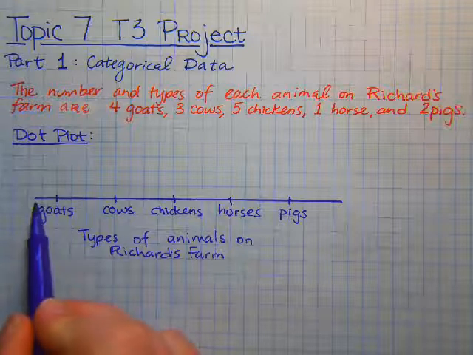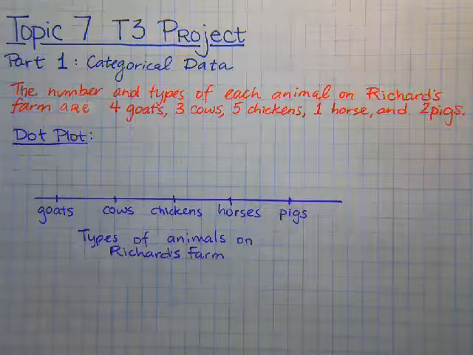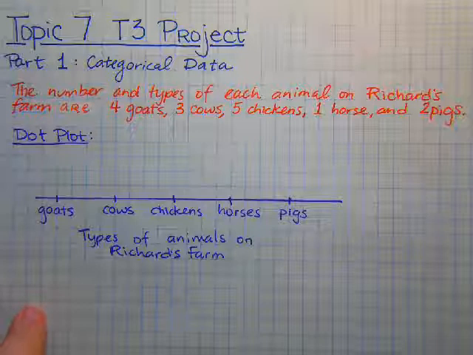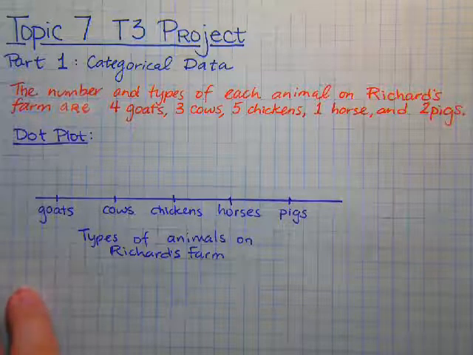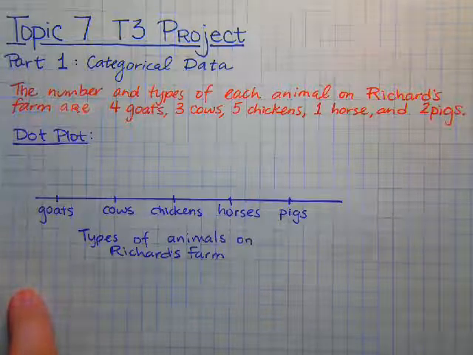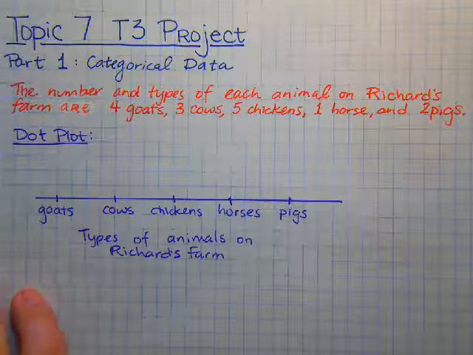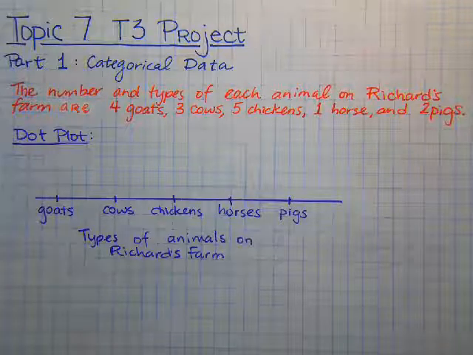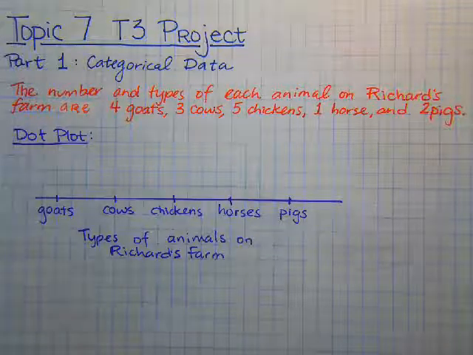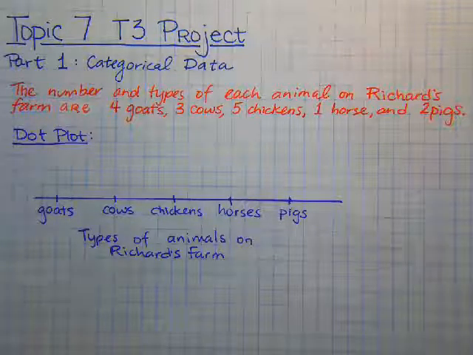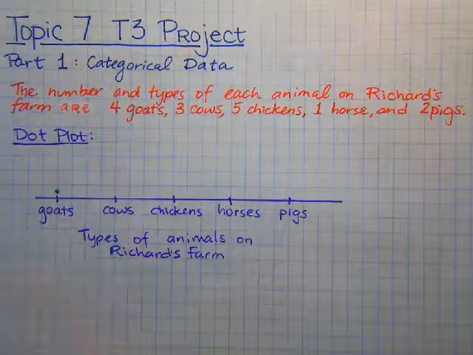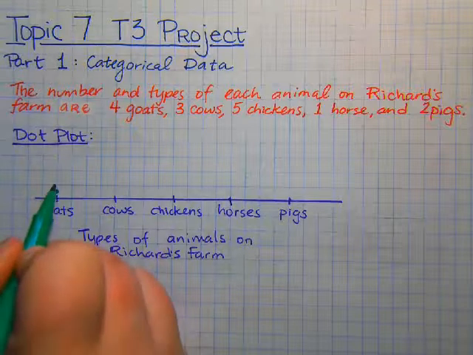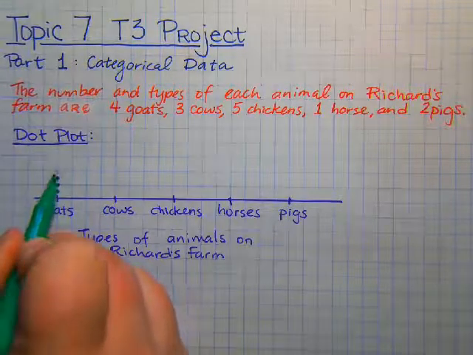So what we're going to do is put little dots, and you want to space the dots evenly vertically, because otherwise you might make some columns look taller when they're not supposed to look taller. So I'm probably just going to put a dot for every half a square. So for goats, there's 4, so I want 4 dots, so there's half a square. 1, 2, 3, 4.